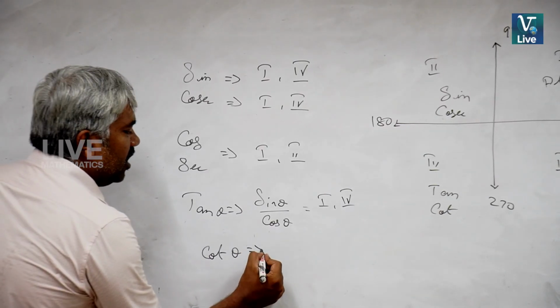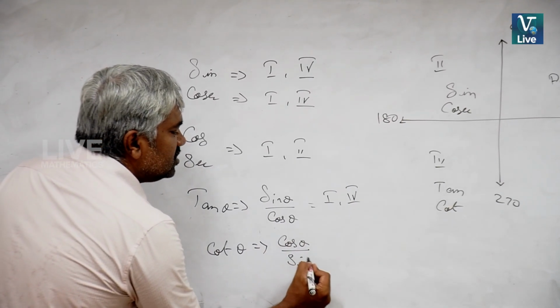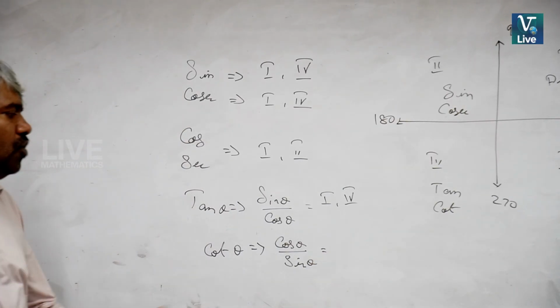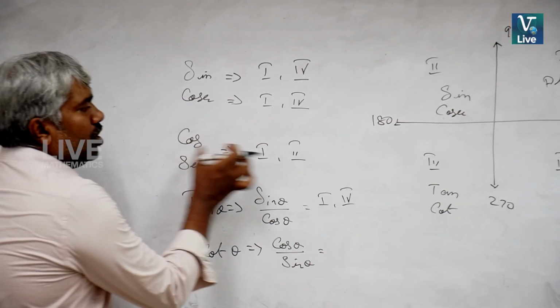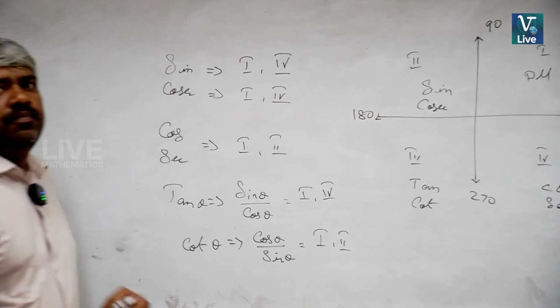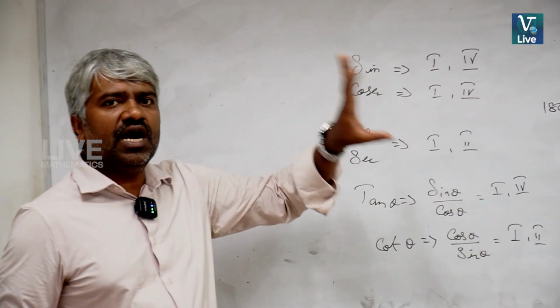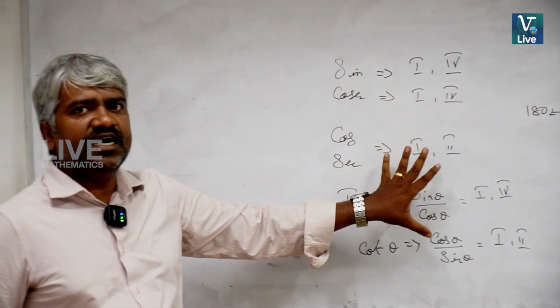Next is cot theta. Cot theta is cos theta by sine theta, so the dominant one is cos theta. Cos theta comes in the first and second quadrant. Please take note of this. While solving, I'll explain the answers only with the help of this data.